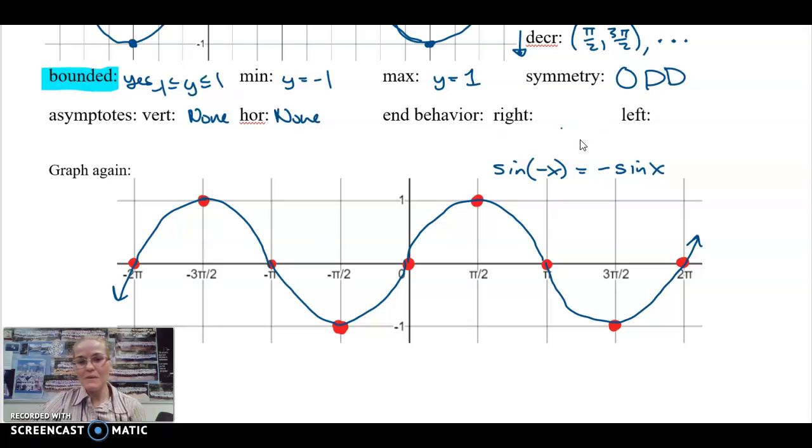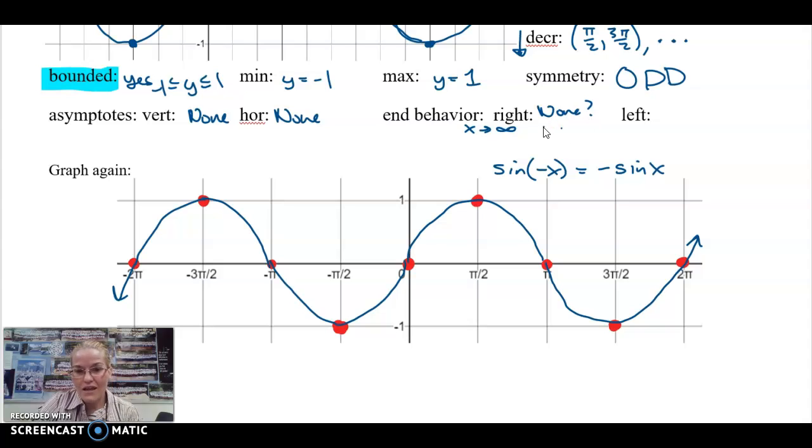And the end behavior, this is also tricky, right? As x goes to infinity, well, I'm constantly oscillating back and forth. So does y approach anything as x goes to infinity? If y is constantly oscillating back and forth, no, right? So none.